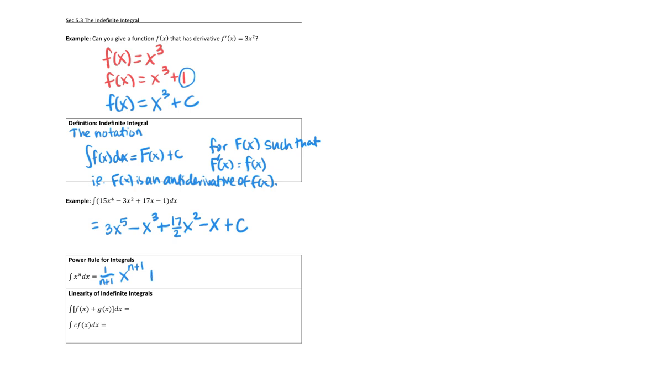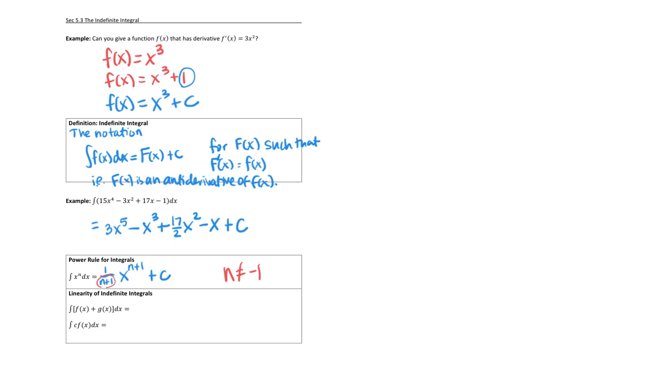And then I'll need a plus c on there, because any constant could be added there, and that wouldn't impact the derivative. There's one other little thing we need to consider here, and that is that if n is equal to -1, I'd get a 0 in the denominator there. So this is true for n not equal to -1. And on the next page, we'll deal with what happens when n equals -1.